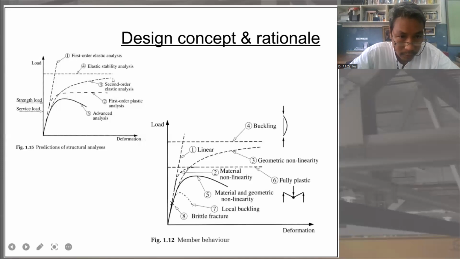Number 1, we have first order elastic analysis. If this is a stress-strain diagram, first order analysis is a straight line, elastic. The straight line is elastic. The proportional point, take note of the pure.